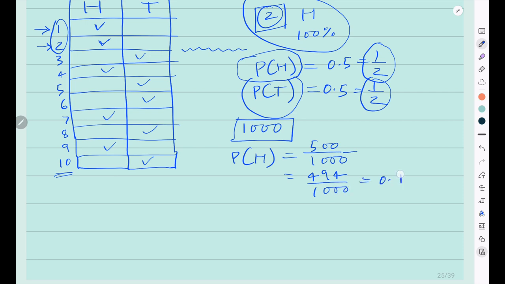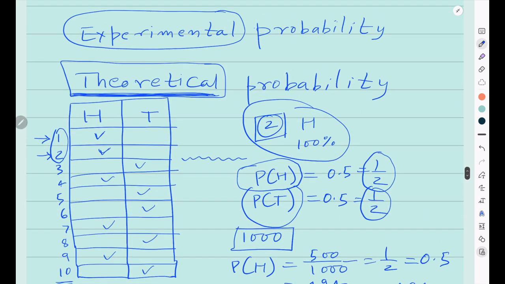So it will be very close to 1 by 2 or 0.5, but it will never be equal to 1 by 2 or 0.5. But theoretical probability is a very important concept.